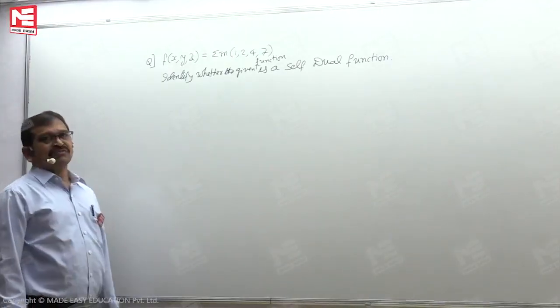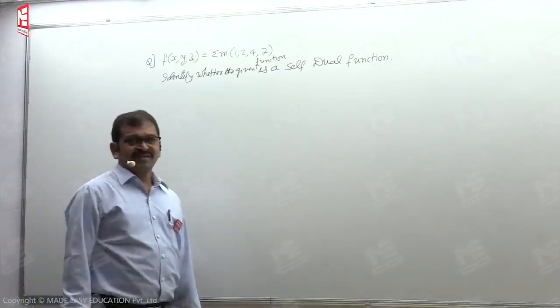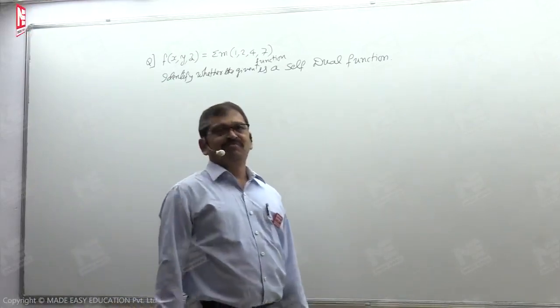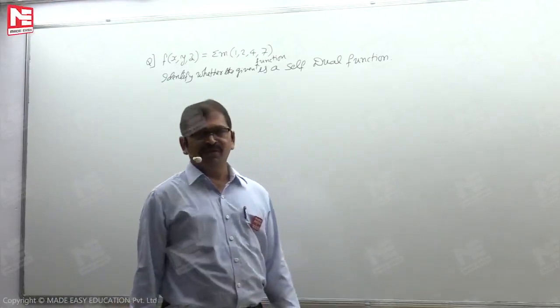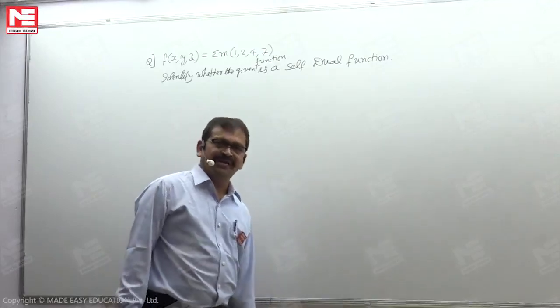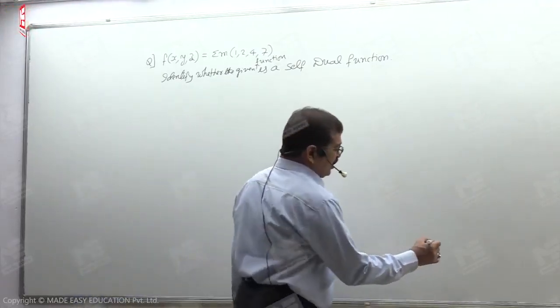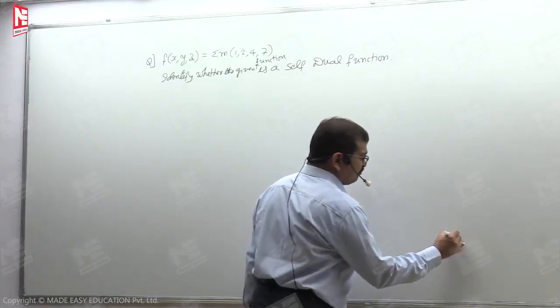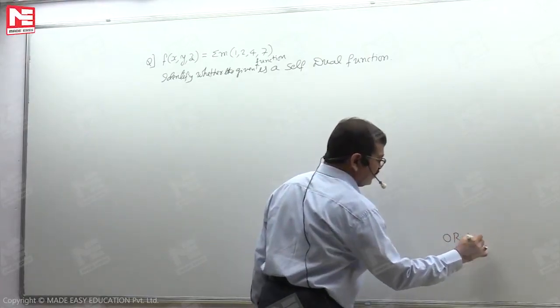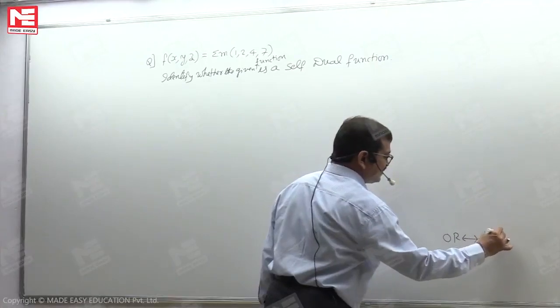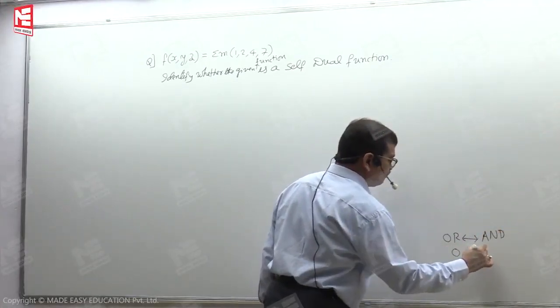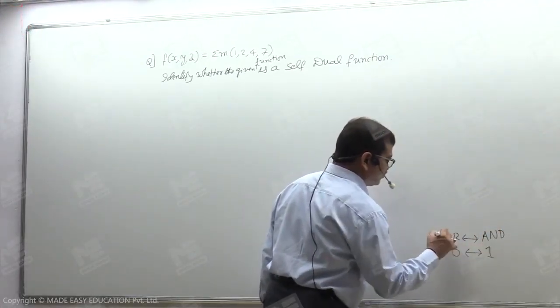In our earlier discussion, we know already how to write the dual operation for a Boolean function or Boolean equation or Boolean expression. In the dual operation, we are interchanging these operators and interchanging these Boolean constants.